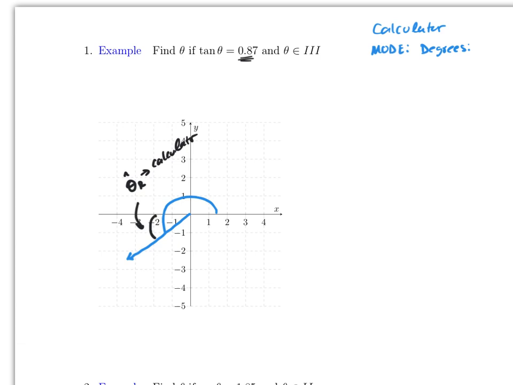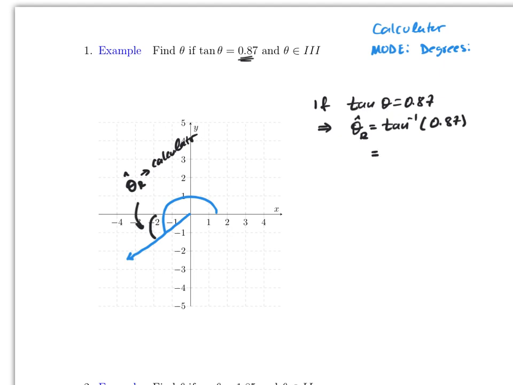All right, so the first thing you're going to do, remember that if tangent of theta is 0.87, that means that theta, and remember this is going to be the reference angle, is equal to tangent inverse of 0.87.